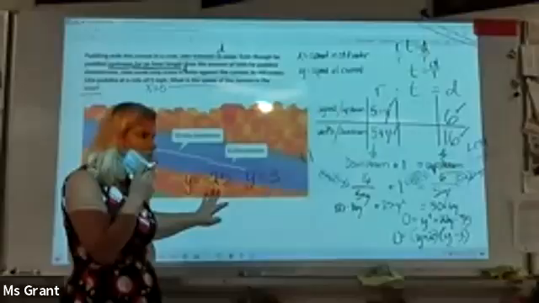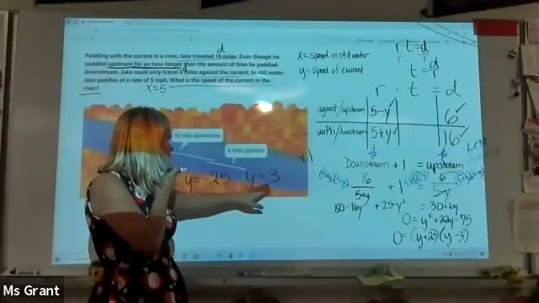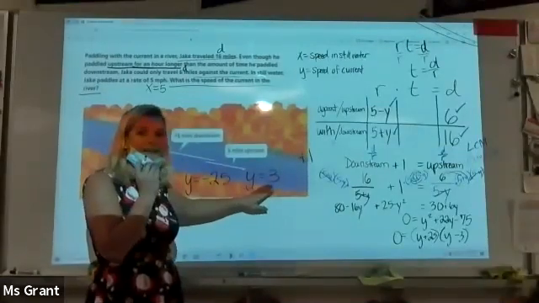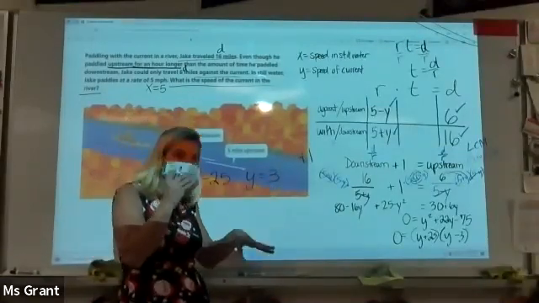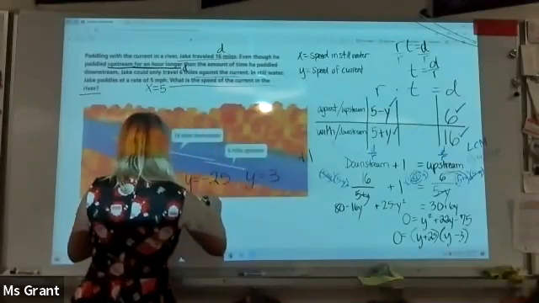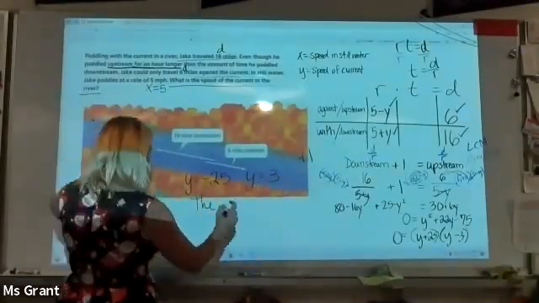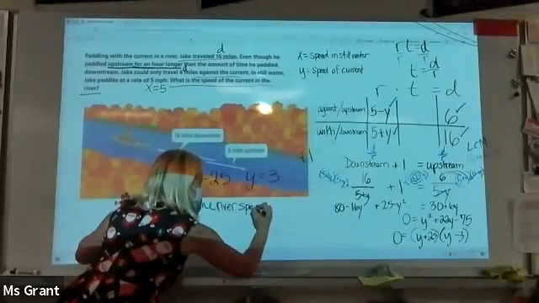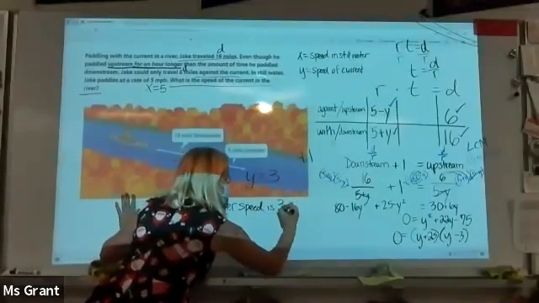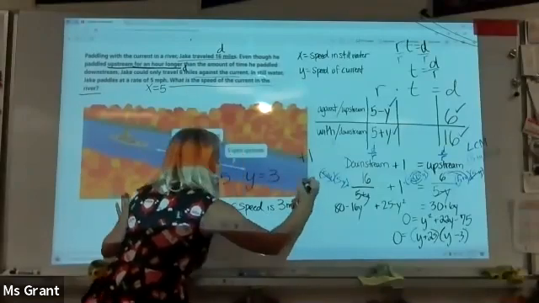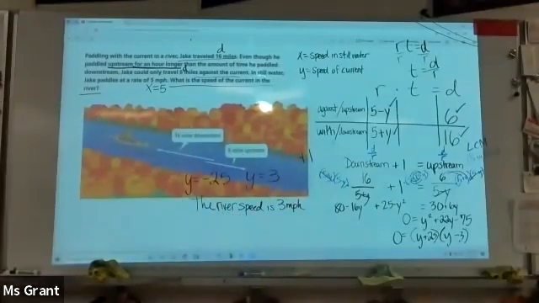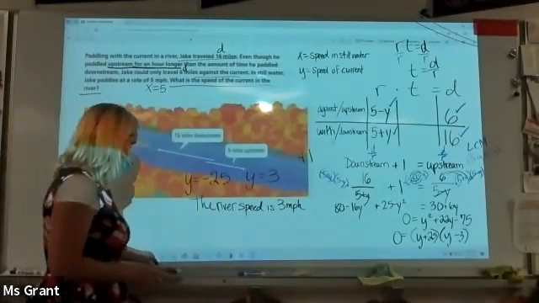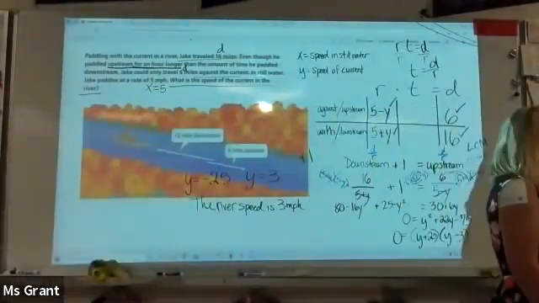Someone would die. But a positive 3, that's a nice slow. The river speed is 3 miles per hour. Okay? The river speed is 3 miles per hour.